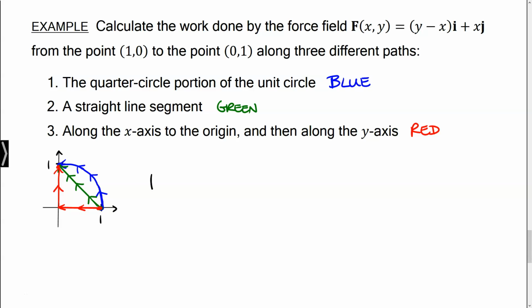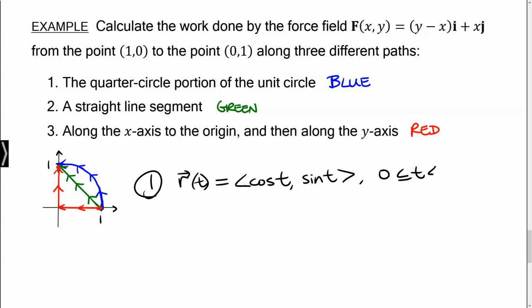So for number 1, the parameterization, we can use r of t equals cosine t, sine t, from 0 up to pi over 2.